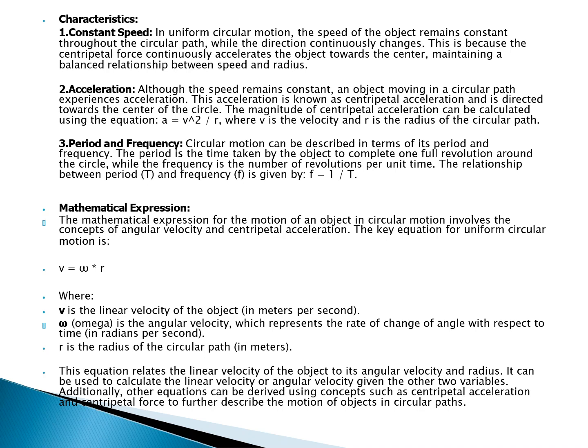This equation relates the linear velocity of an object to its angular velocity and radius. It can be used to calculate the linear velocity or angular velocity given the other two variables.